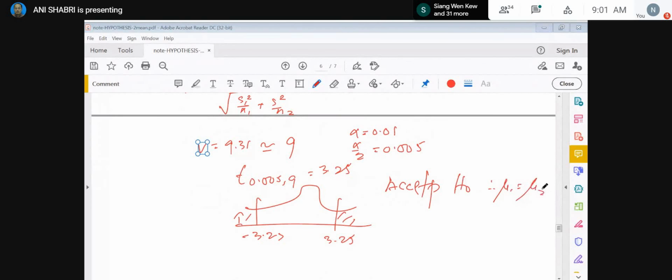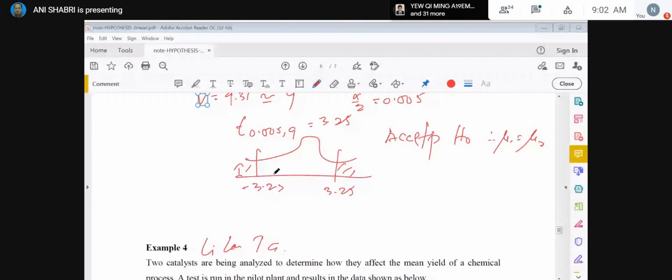The conclusion same. Okay, Akmal also get the full mark 7/7. It's okay, Akmal. No mistake.